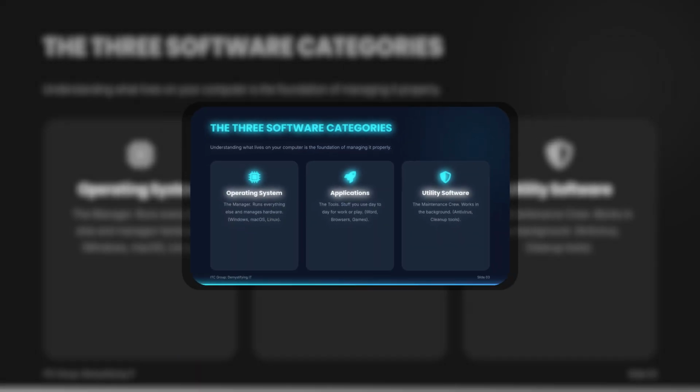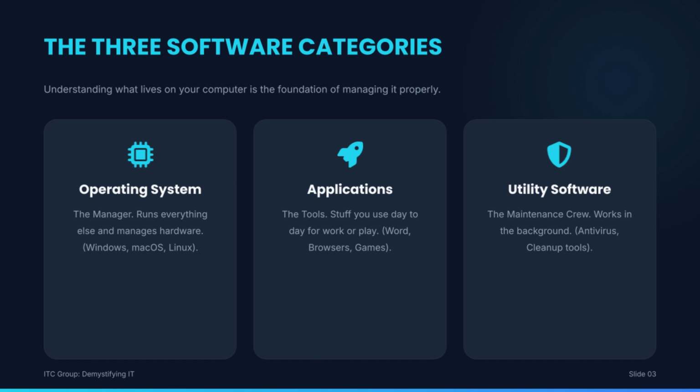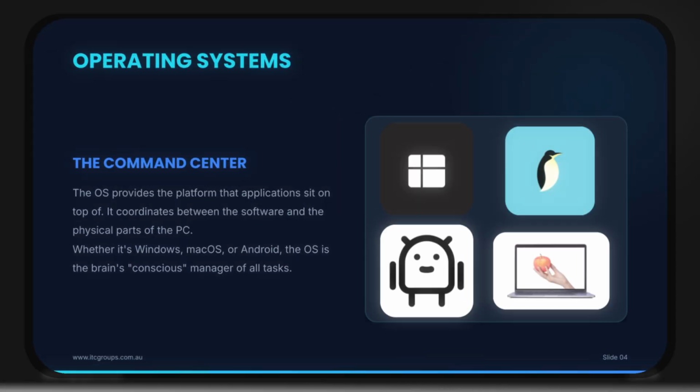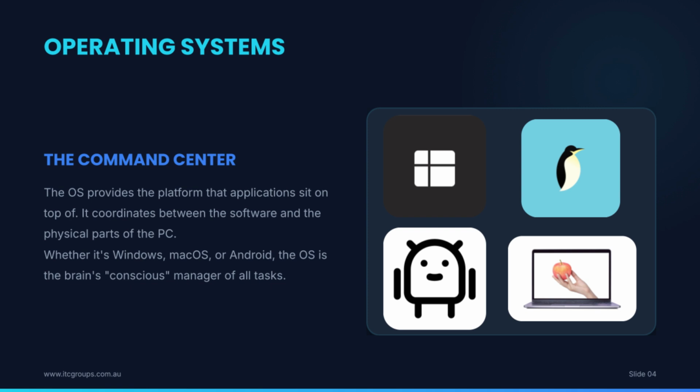Same with the computer. So let's start with software types, because understanding what lives on your computer is the foundation of managing it properly. There are 3 categories: operating system software, application software, and utility software. Right. The operating system is the manager. It runs everything else, manages the hardware, and provides the platform applications sit on top of.